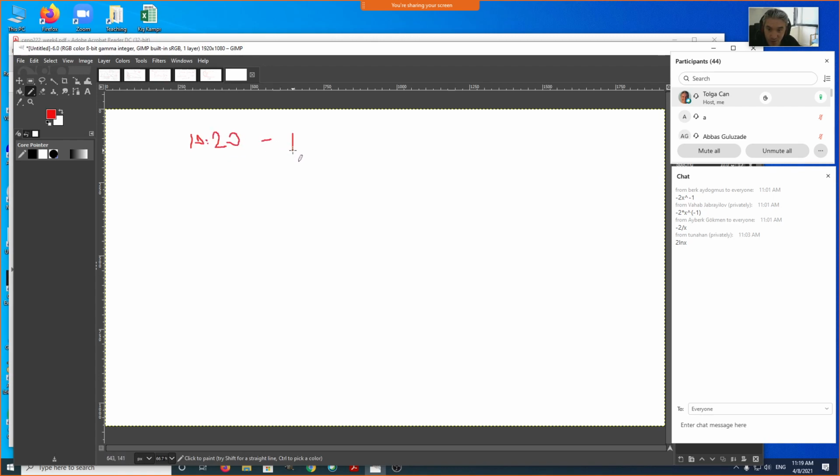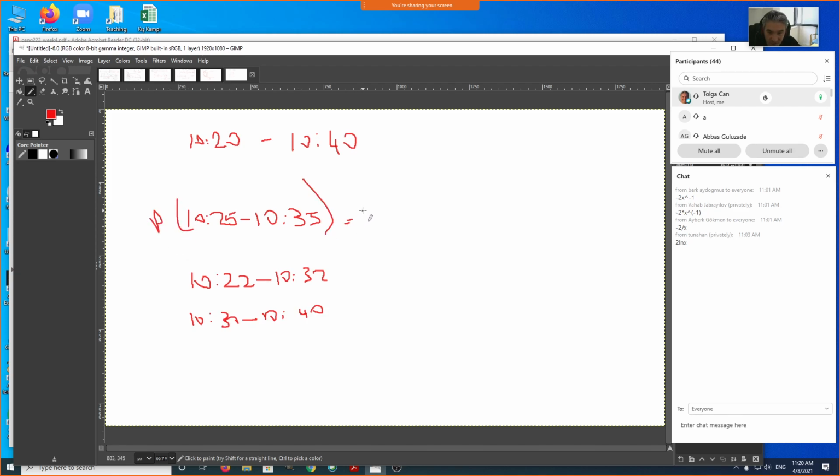We know that it's going to arrive between 10:20 and 10:40, in these 20 minutes. If somebody asks you what is the probability that it's going to arrive between 10:25 and 10:35, this probability is exactly the same as if somebody asks you what is the probability that it's going to arrive between 10:22 and 10:32, or between 10:30 and 10:40. All these probabilities are equal.